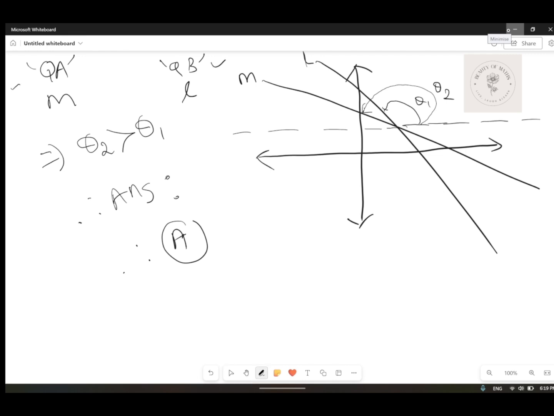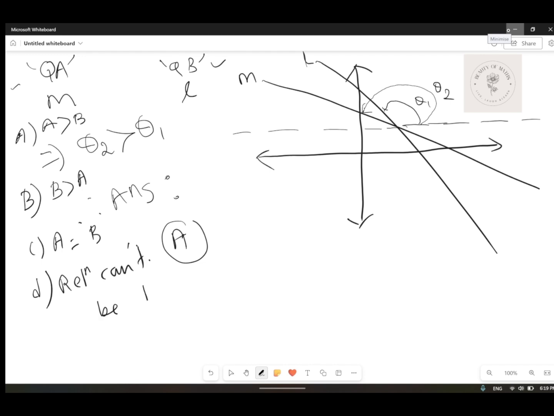This kind of question would not give you the options, but you have to understand them by yourself. Option A means A is greater than B. Option B means B is greater than A. C means A is equal to B, and D means the relationship can't be determined. This is the way GRE gives you comparison kind of questions.